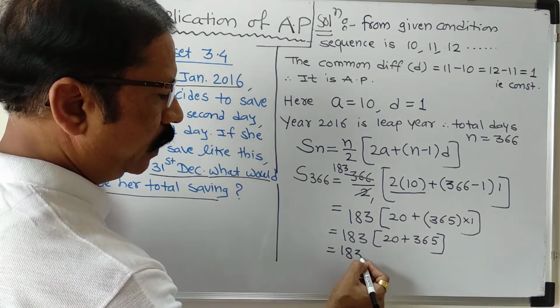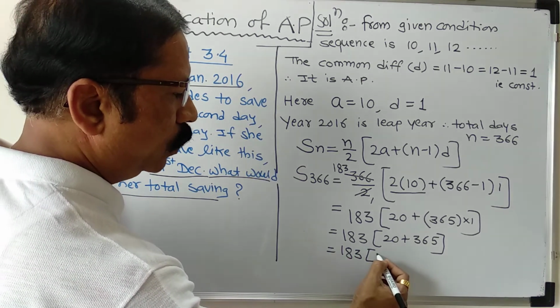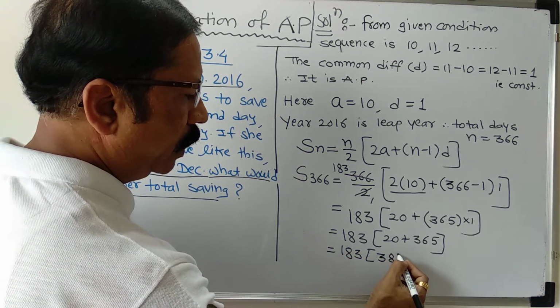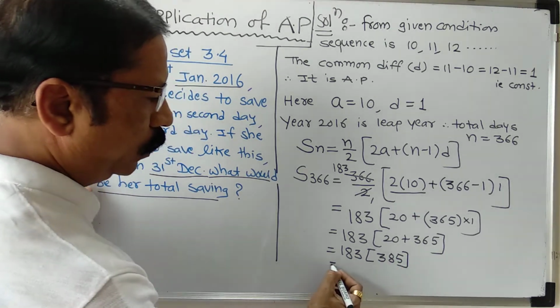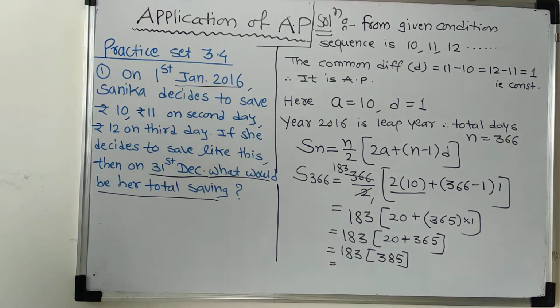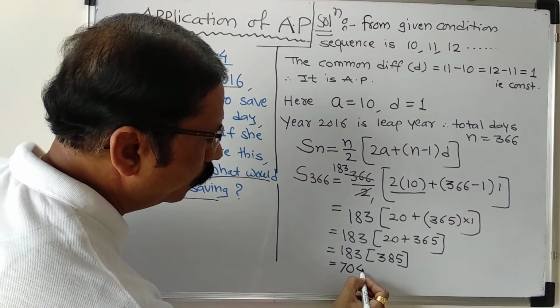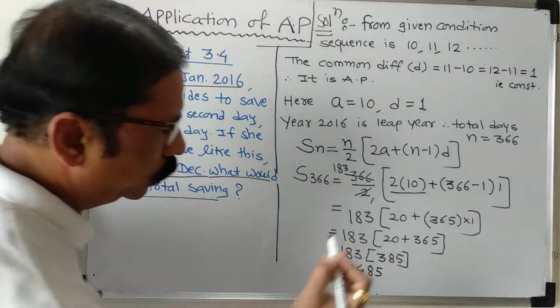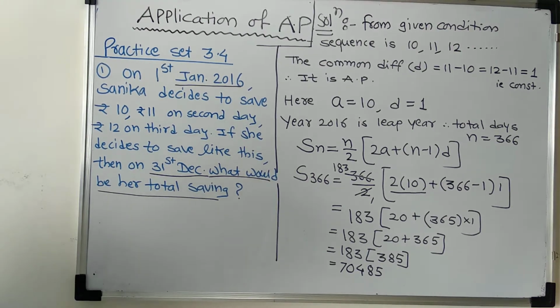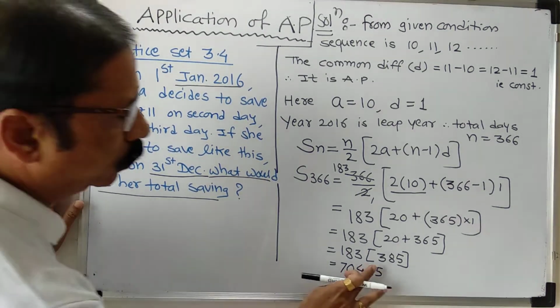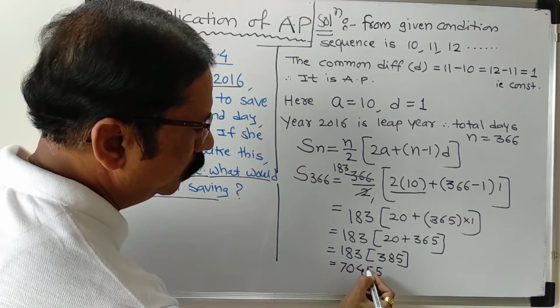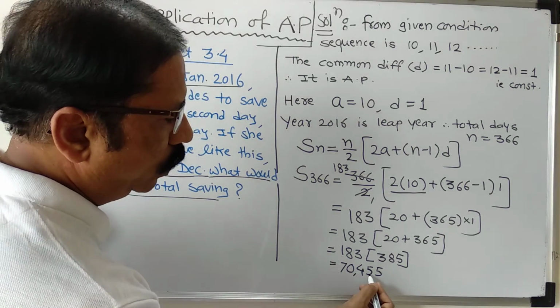So 183 into bracket, here you will get 385, and do this product. 183 into 385 gives you 70,455. Sorry, the product is 70,455.